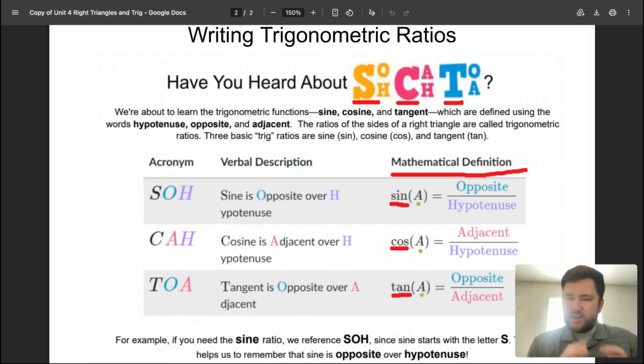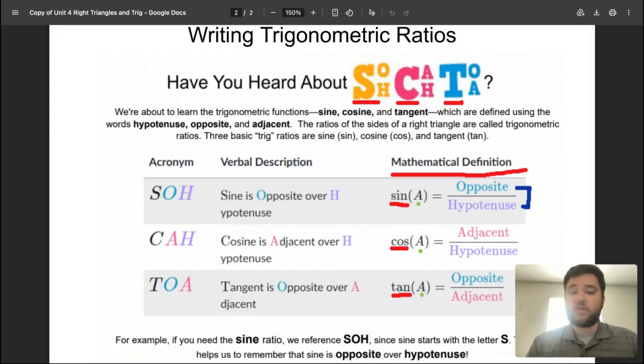A doesn't stand for angle here; it stands for maybe the name of an angle, angle A, but that's going to be your angle measure. And your O and your H, these sides, are going to be side lengths of your different triangles. That's eventually what we're going to plug in to solve these.